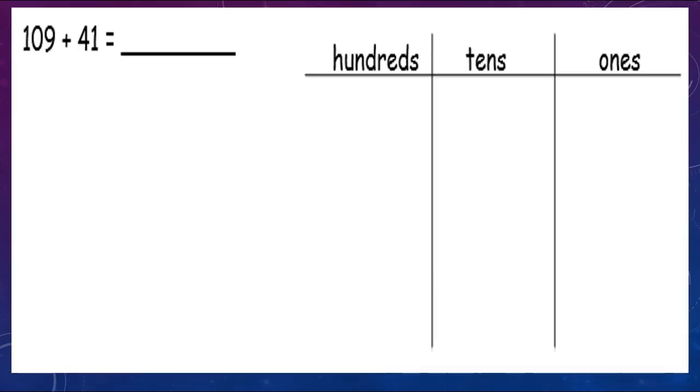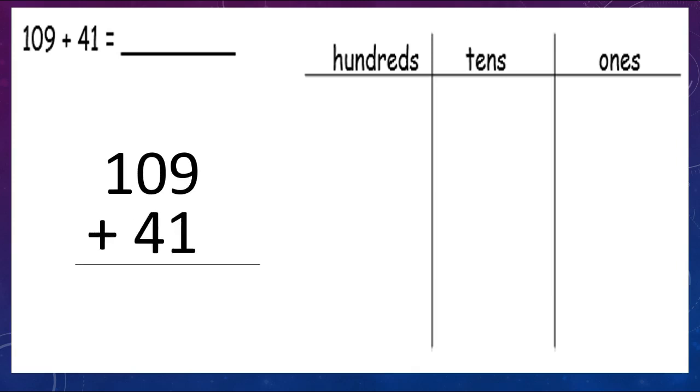Let's do one more. Go ahead and push pause and then push play when you're done, and we'll compare answers. Alright, let's set this up vertically here. So I have 109 plus 41.